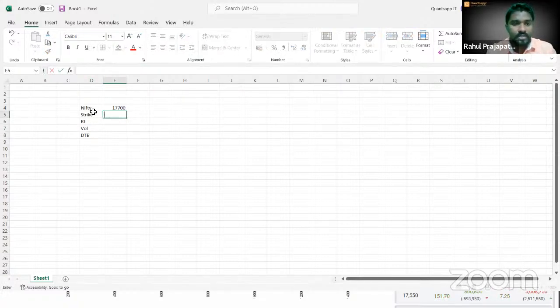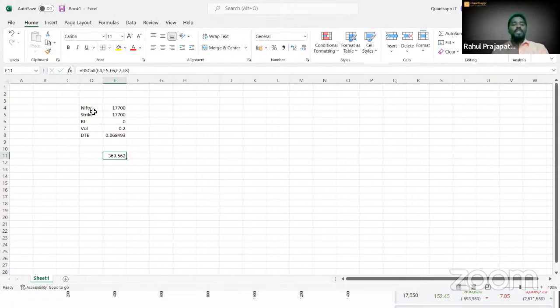We bought strike 17,700 only. Zero, let's say 0.20. Okay. And let's say days to expiry is 25. If I just calculate the call option price, the call option price should be 369.